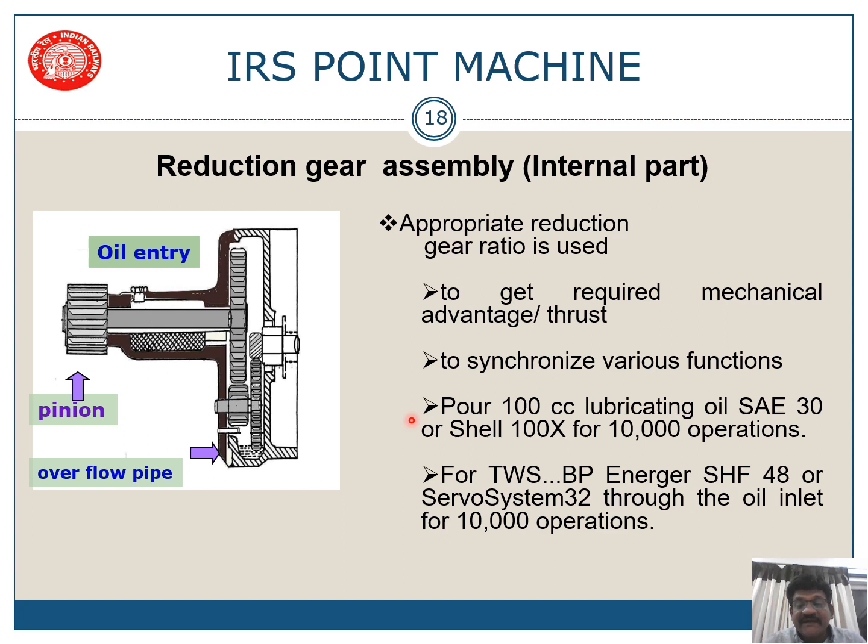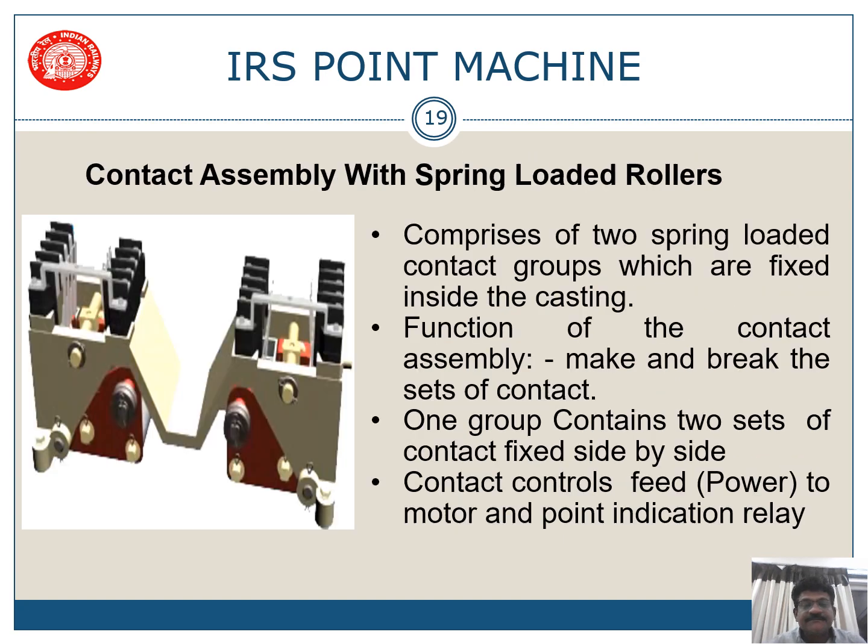We have to use 100 cc lubricating oil, SAE 30 or Shell 100, for 10,000 operations, while for the thick web switch you need to use Energizer SHF 48 or Servo System 32. For every 10,000 operations this has to be replaced. Generally this oil is provided by the concerned authorities and can be used.